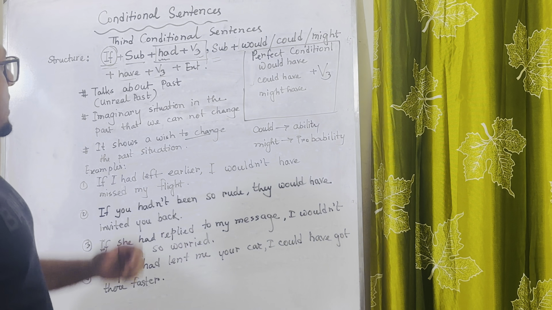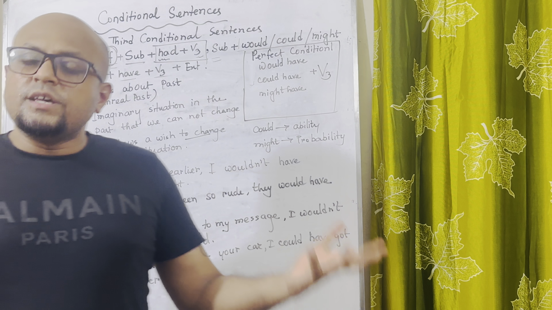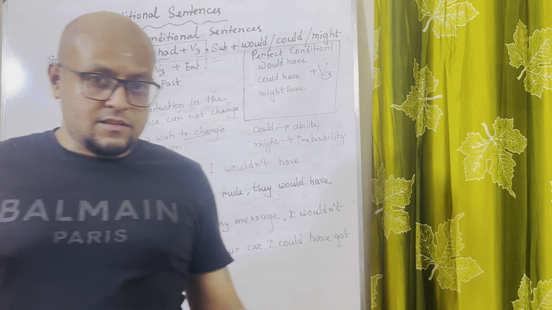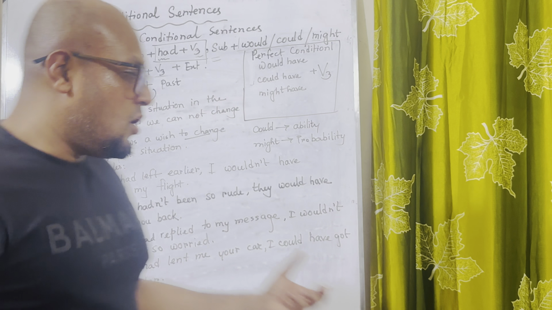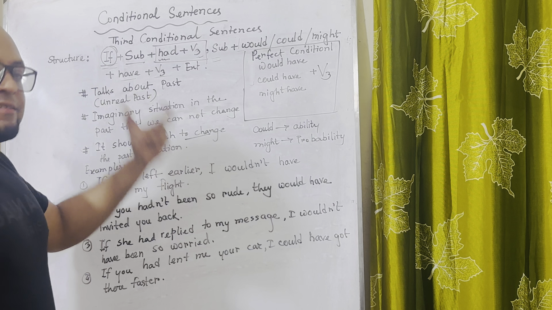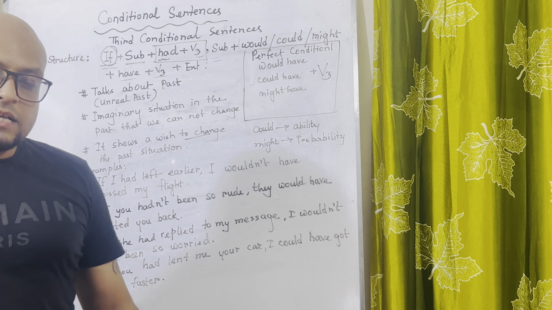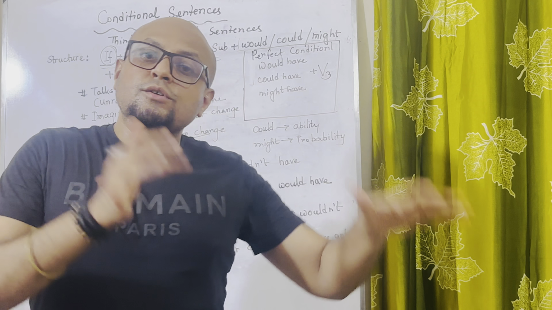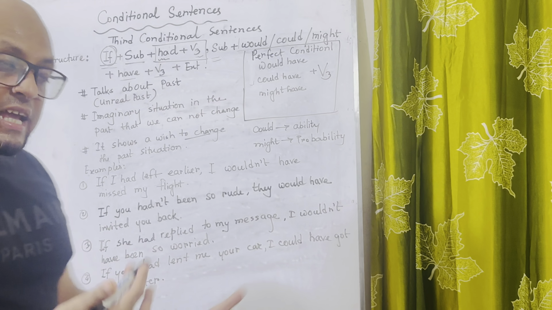Okay, so this is the structure, and now let's talk about why we use a third conditional sentence. What is the reason for using a third conditional sentence? You can see over here that firstly it talks about the past. That means like the second conditional sentence, the third conditional also uses the past tense to create its meaning.